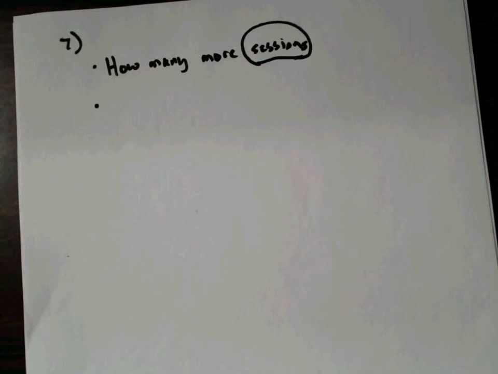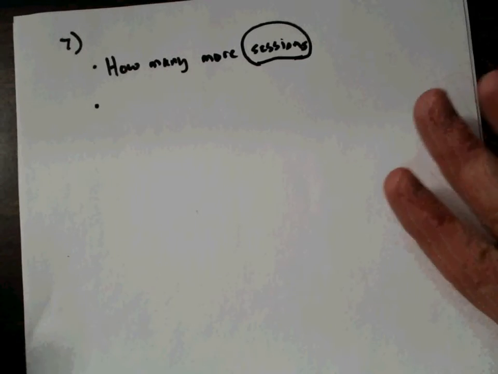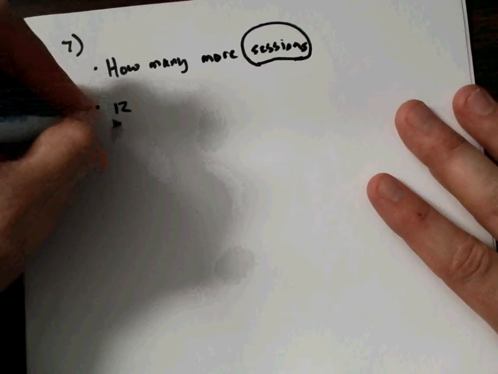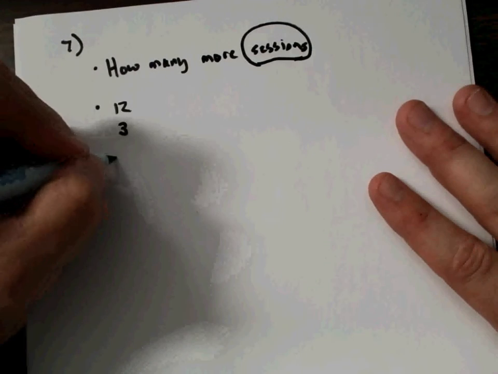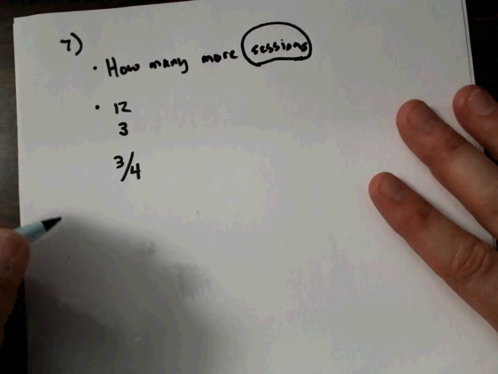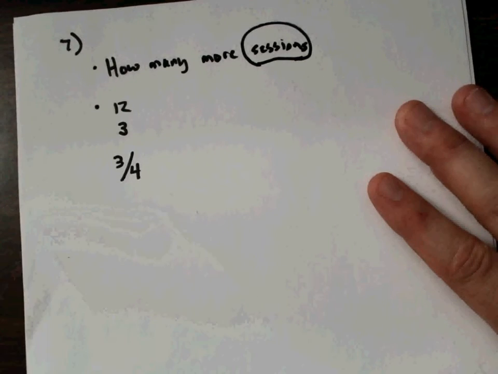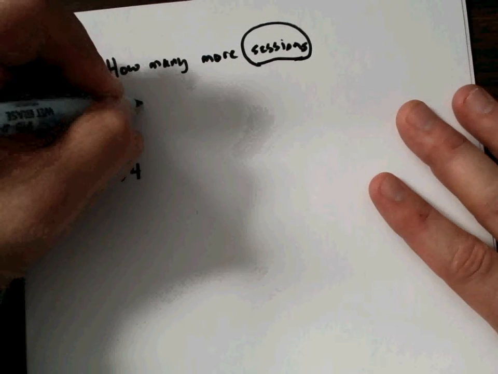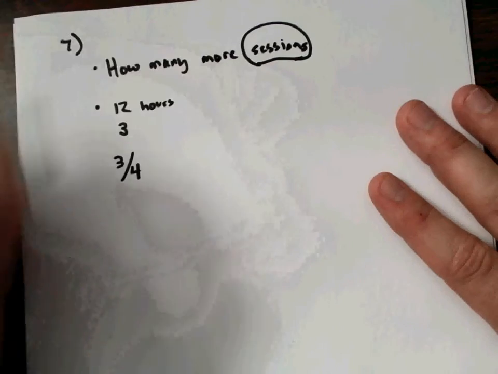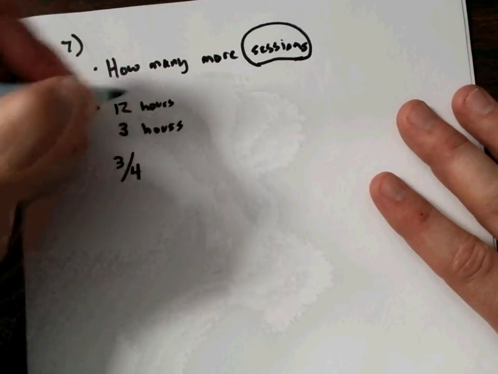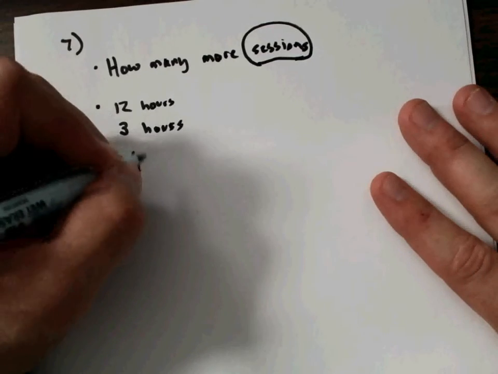All right? So the numbers that we have in the problem were 12, 3, 3/4, and those are the numbers that we had. So 12 was hours, okay? 3 was hours, and 3/4 is our rate.